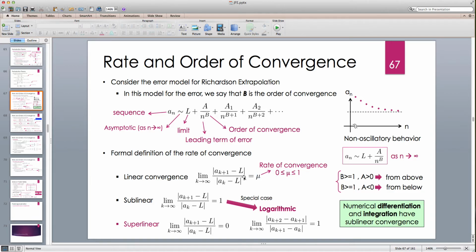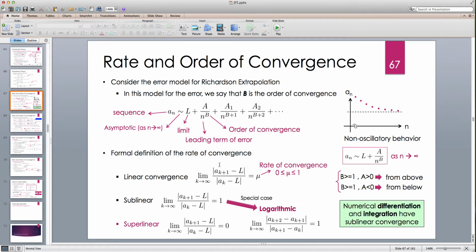and the reason is that for a series to converge to the limit, we know that eventually the error must go to 0. That means that at some point for a very large k, the error at k plus 1 must be less than the error at k.